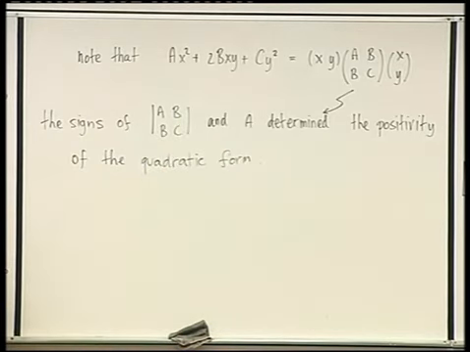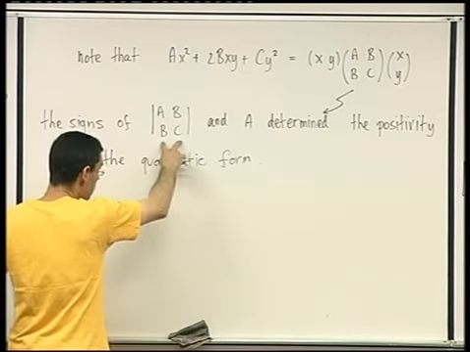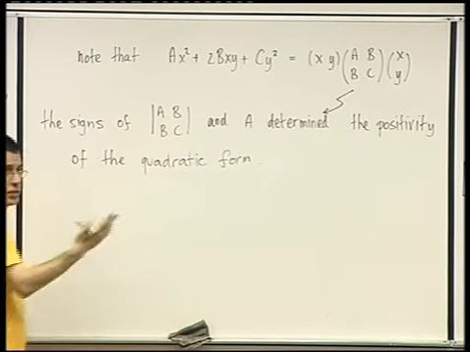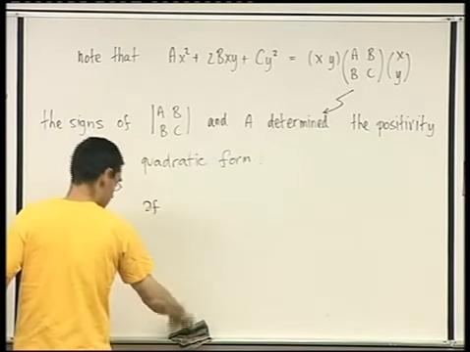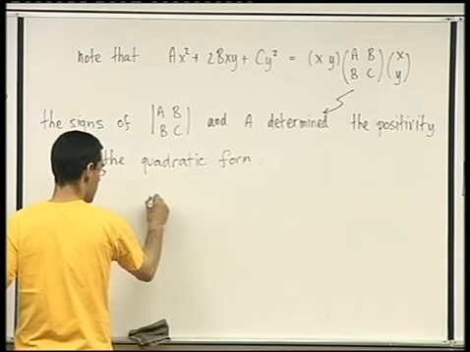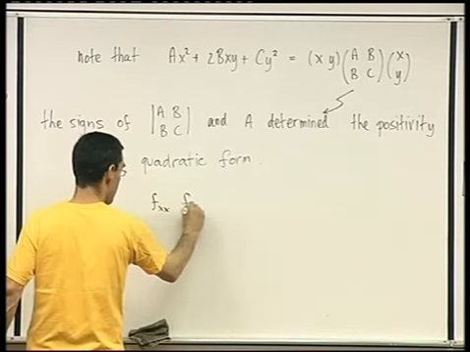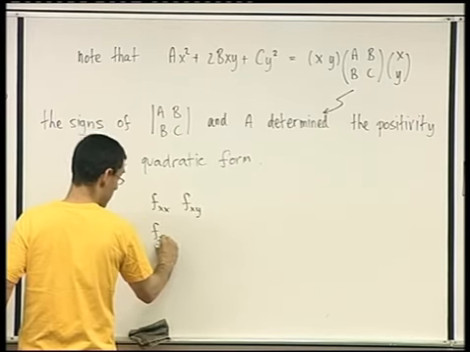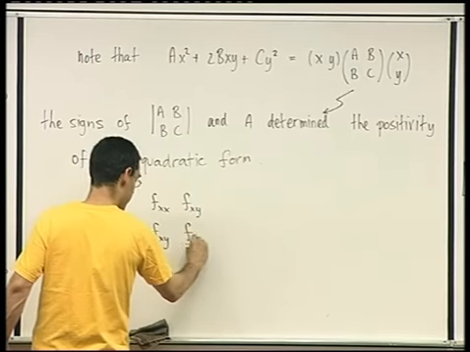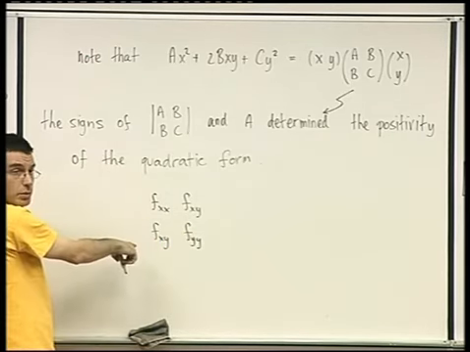Star, what we called star previously. Do you agree? Okay. So recall that A, B, and C are not just numbers. This thing was fxx, fxy, fxy again, and fyy. Right? This is this matrix. Do you agree?